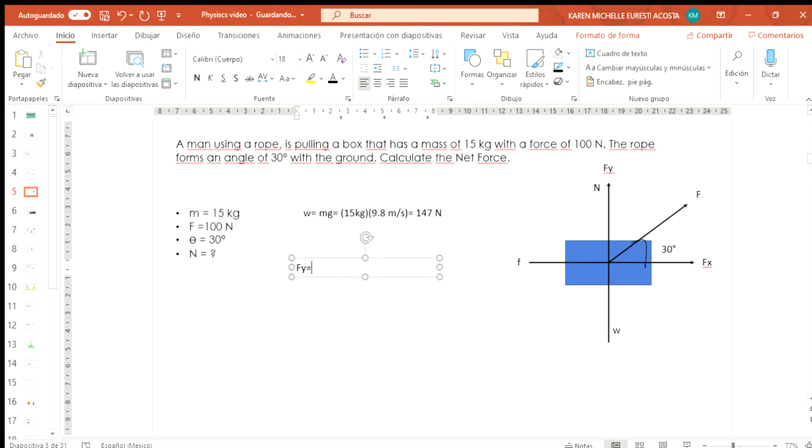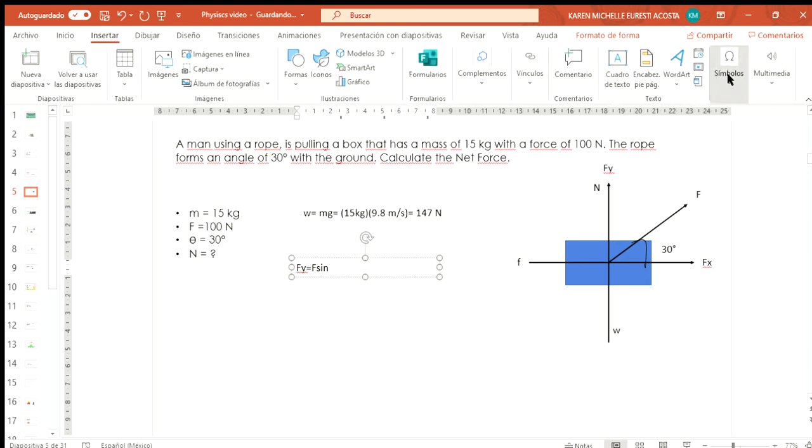The Fy is equal to F sine of the angle, and this is equal to 100 newtons since it's the force, and sine of 30 degrees, that is the angle. That gives us 15 newtons.